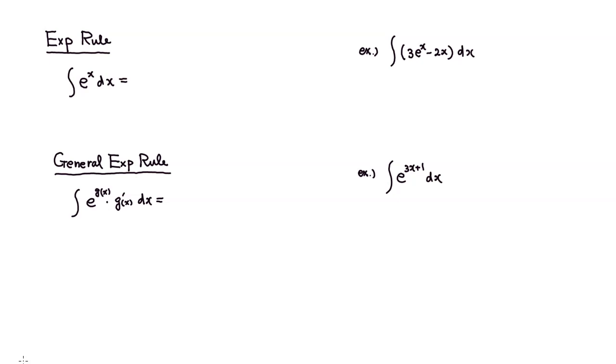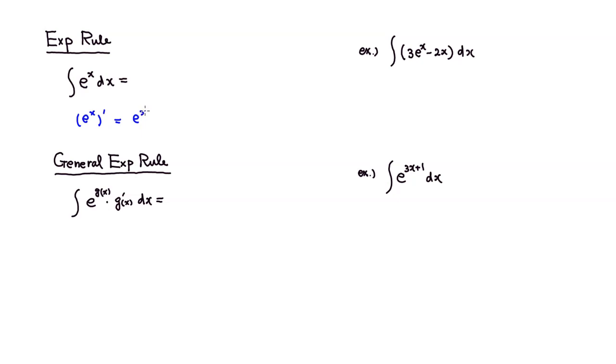All right, let's look at the exponential rule for integrals and the general exponential rule for integrals. Since we know derivatives a little bit better, remember that if you take the derivative of e to the x, then we get exactly the same thing.